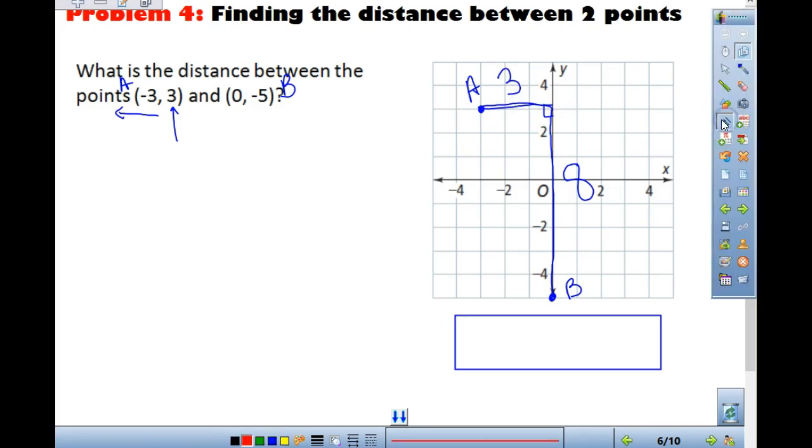And now we are going to draw our right triangle, and we are trying to find the distance from this point to this point. So draw that line. So now you are starting on your paper, okay?